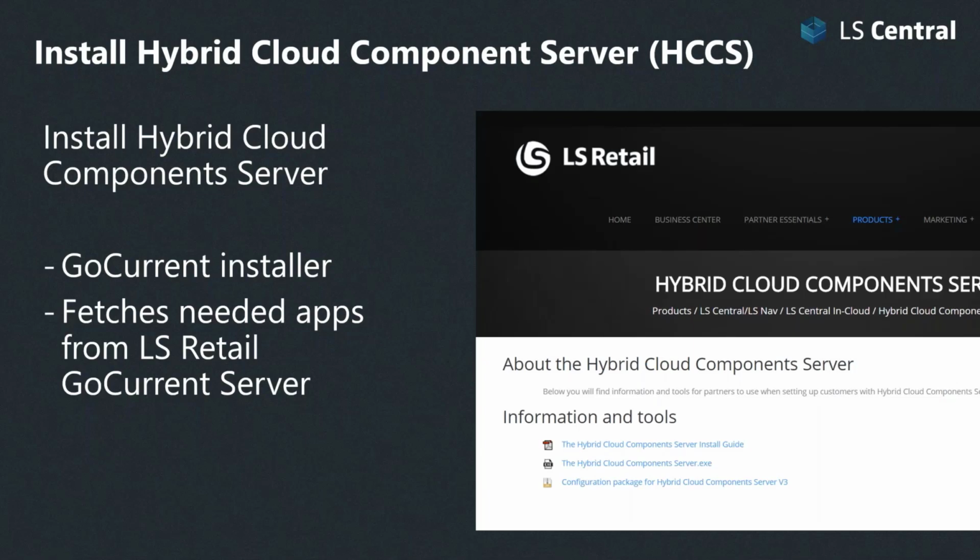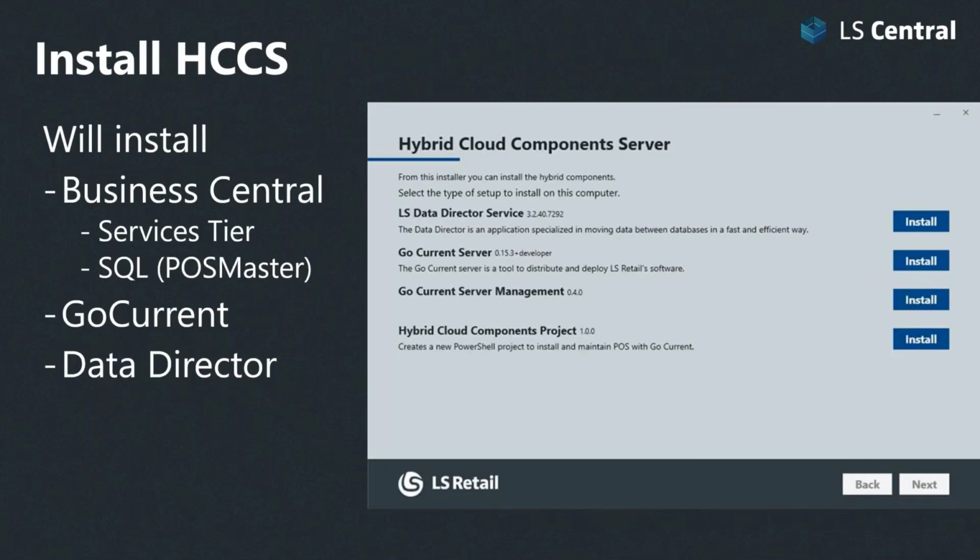Once you have run the installer on the server, it will then fetch all relevant applications from the LS Retail GoCurrent server as needed. And of course, it will take the newest versions. It will install on that server the Business Central service tier and SQL environment, including the POSMaster database.